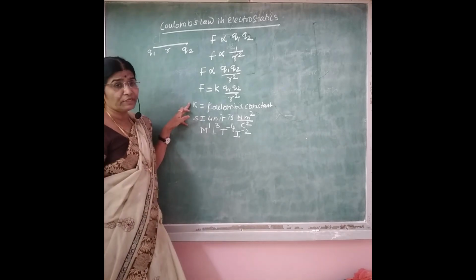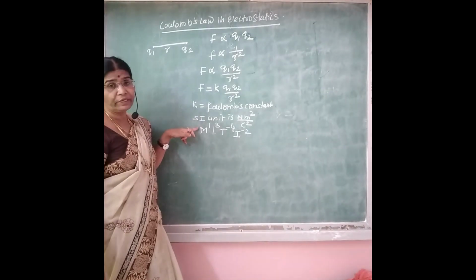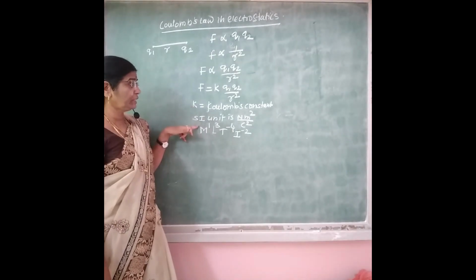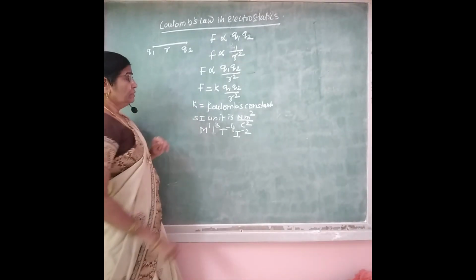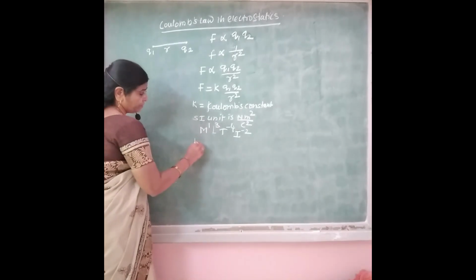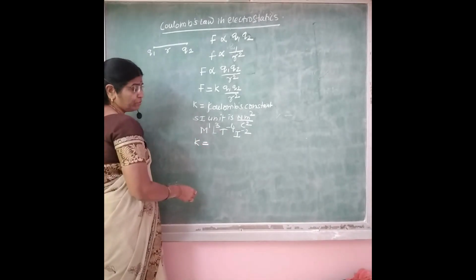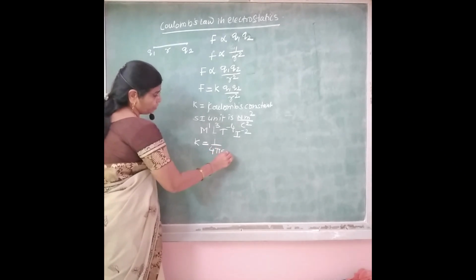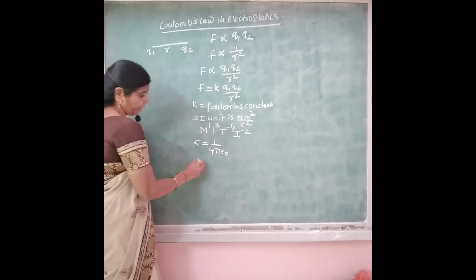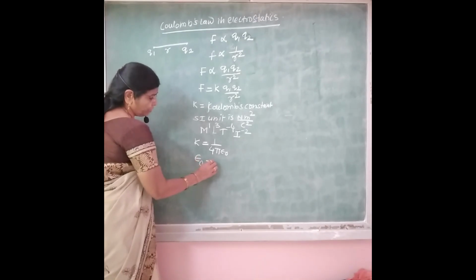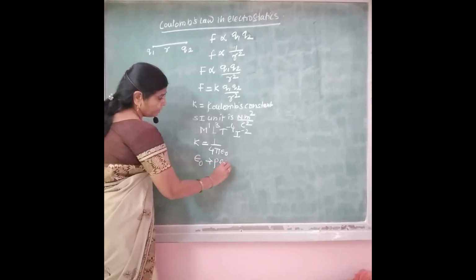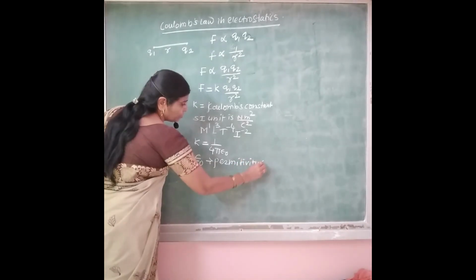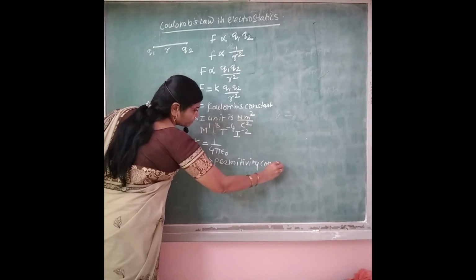हा जो कुलम्स कॉन्स्टंट आहे त्याचं युनिट आणि डायमेन्शन हे MCQमध्ये नेहमी विचारले जातात, त्याच्यामुळं आपण हे नीट लक्षात ठेवायचं आहे. The value of k can be found, which is equal to 1/4 pi epsilon 0, where epsilon 0 is the permittivity constant of air.